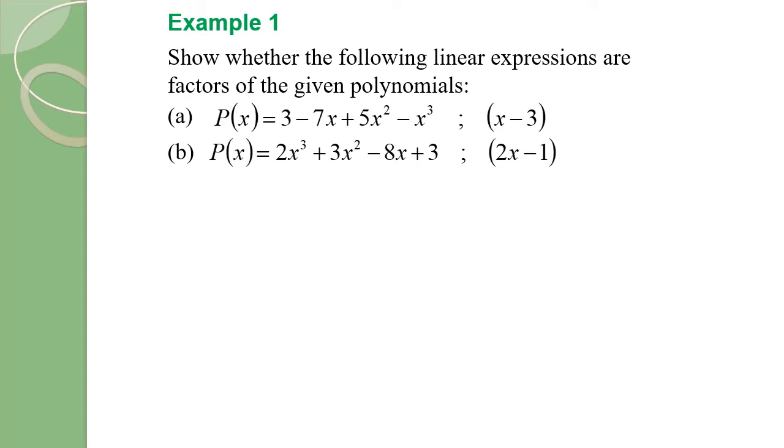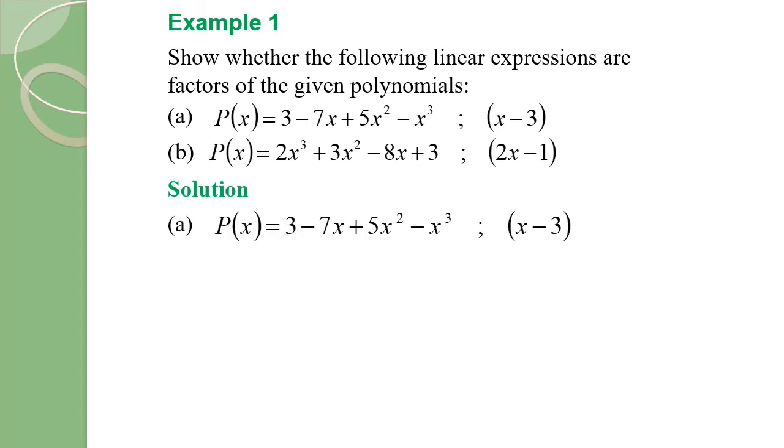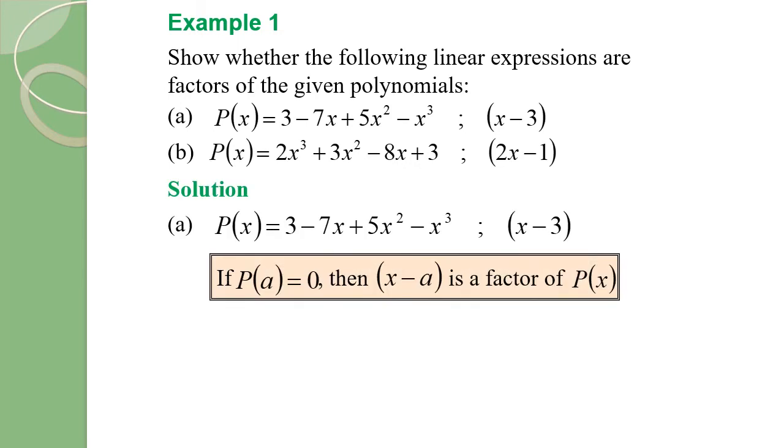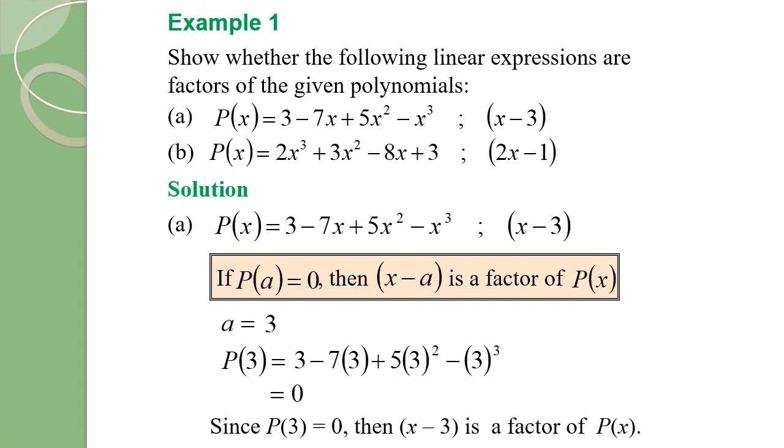So what is the a for question A? x minus a equal to 0 means that the value of a that we need to substitute into the polynomial is 3. So p(3) equals 3 minus 7 multiplied by 3 plus 5 times 3 squared minus 3 cubed. We have 0, which means that x minus 3 is a factor of p(x).